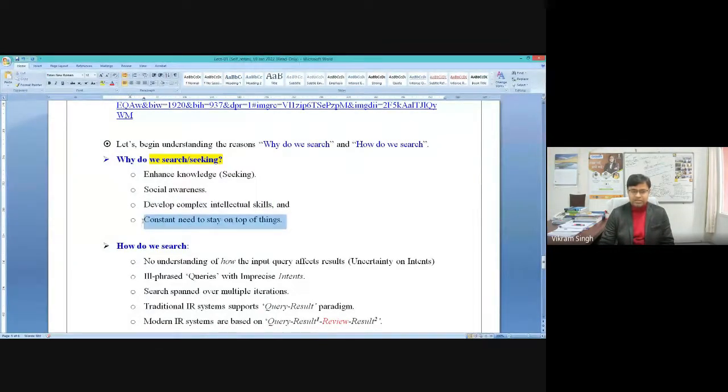Naturally, the last, summarized need is that you are always interested in staying on top of things, right? And that's the reason nowadays we have social media platforms. If you observe your behavior on a daily basis, you are spending too much time on these platforms, and it is just because we are interested in staying updated about things, right?